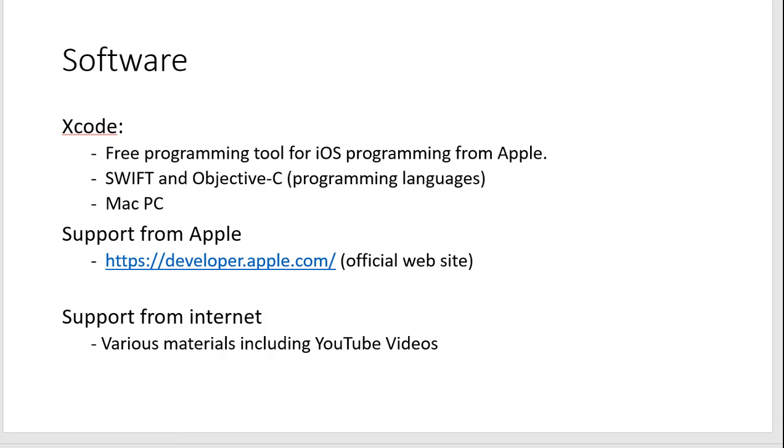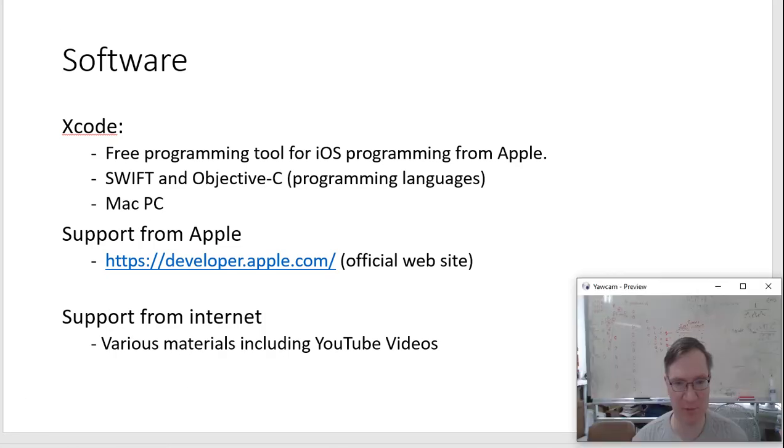Okay, so the next one is the software. As I mentioned before, the software for iOS programming is special. That software is designed by Apple and only for Apple devices.